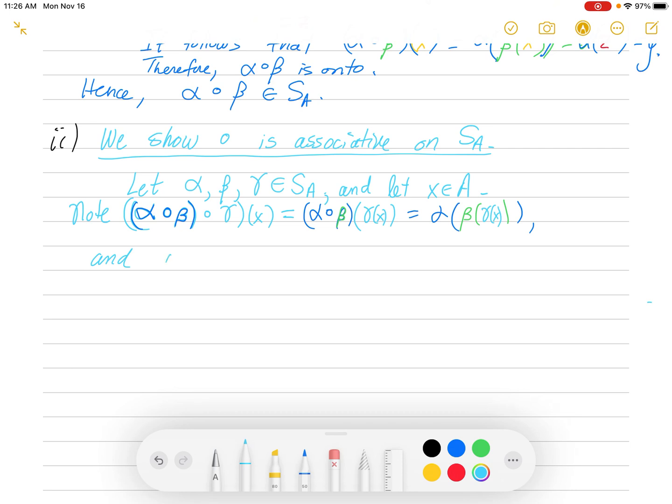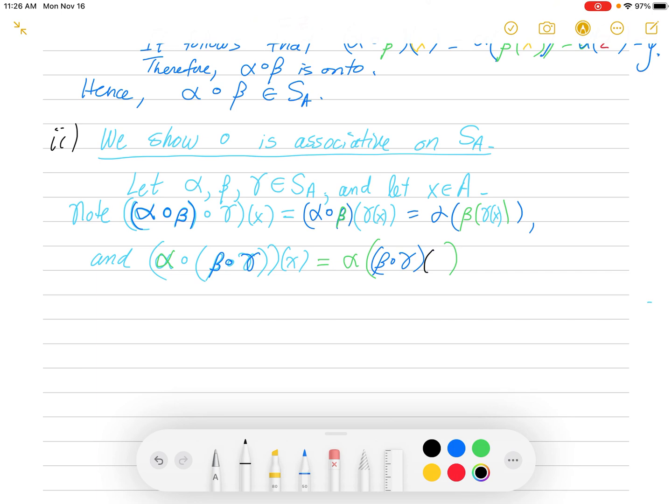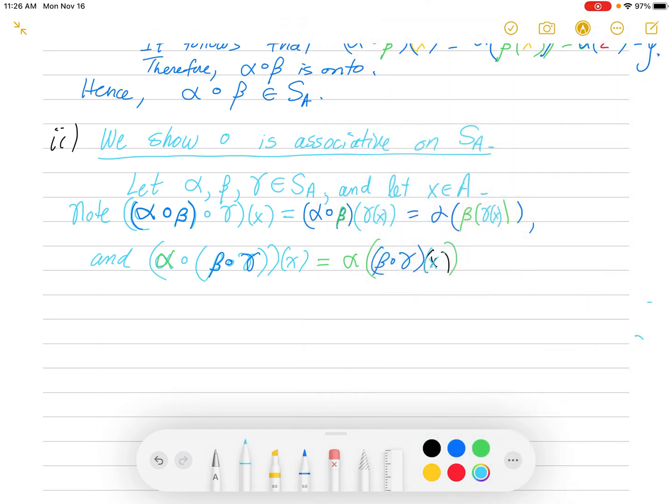And another way to do the functional composition is to first do alpha composed with, and then beta composed with gamma, and then plug in some x. So what does this mean when we do the beta composed with gamma afterwards and then an alpha out front? That means you're going to have alpha of beta composed with gamma of x. So beta composed with gamma of x is the input into the alpha function.